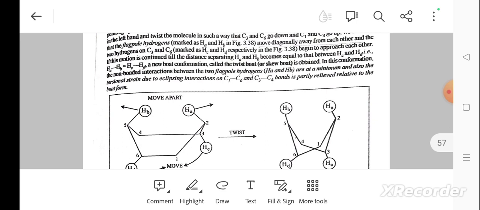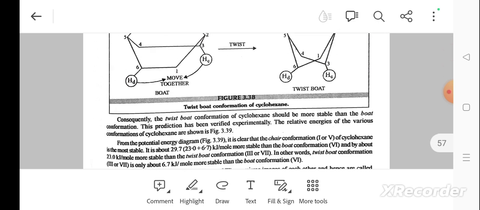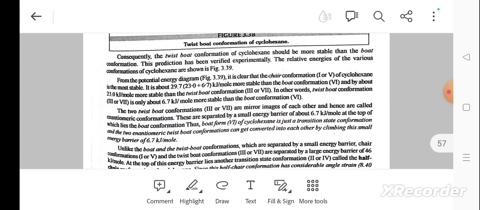In this configuration, the non-bonded interaction between the two flagpole hydrogens is at a minimum, and the torsional strain due to eclipsing interactions on the C1 C6 and C3 C4 bonds is also relieved relative to the boat form. Consequently, this configuration of cyclohexane should be more stable than the boat configuration, and this prediction has been verified experimentally.